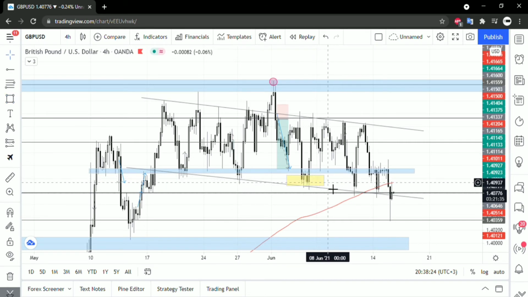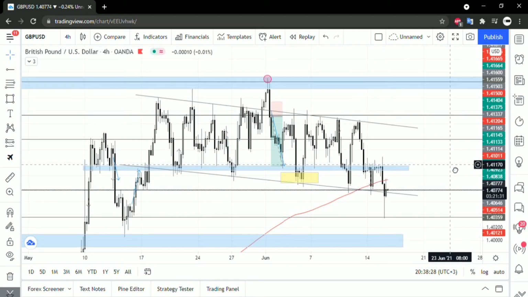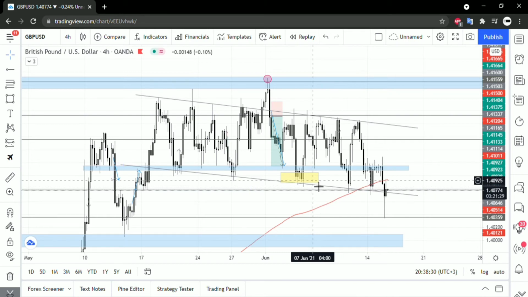This is what we call a double bottom pattern. Whenever you notice this pattern near an area of interest, for example, this one was respecting this trend line, and the pair manages to move above the neckline, which is where it went up too fast before it retested.